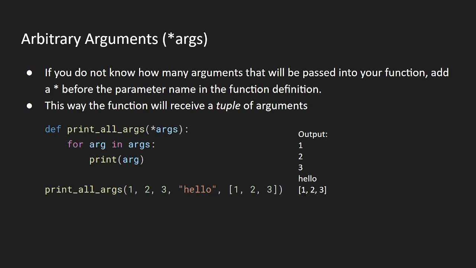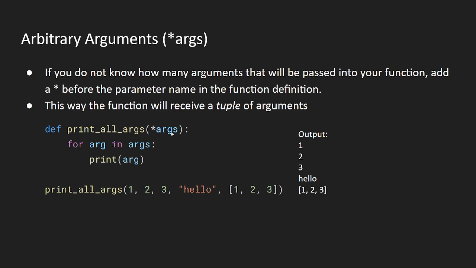Oh, it's right here. Arbitrary arguments. If you do not know how many arguments will be passed into your function, add a star before the parameter name in the function definition. This way, the function will receive a tuple of arguments. So here we can see that we have a star args.